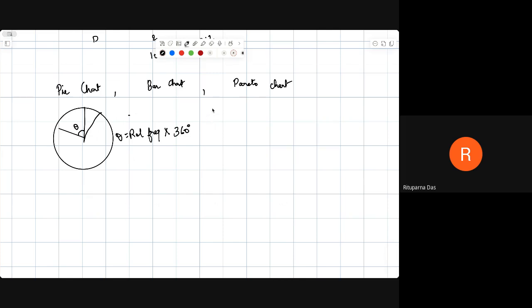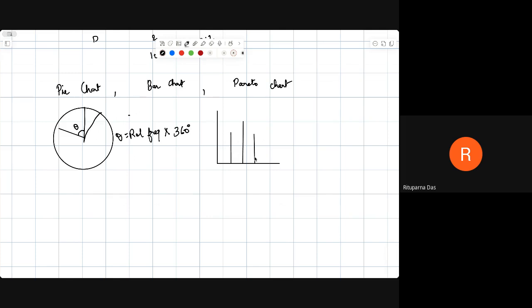A bar chart can look like this. So it looks like lines, vertical lines, or it can be horizontal lines.